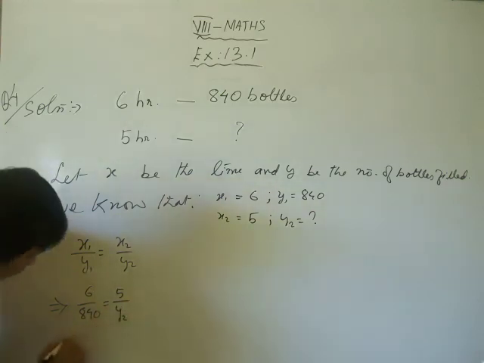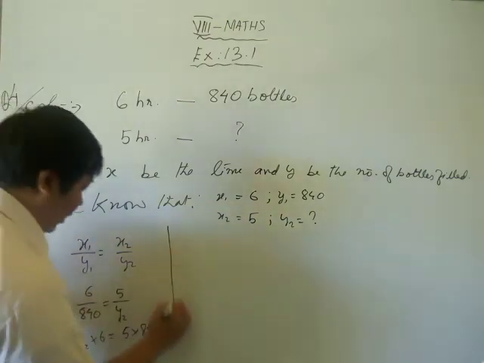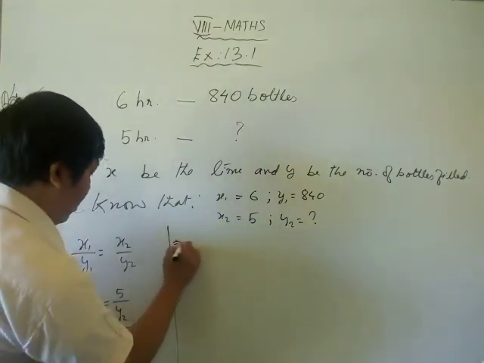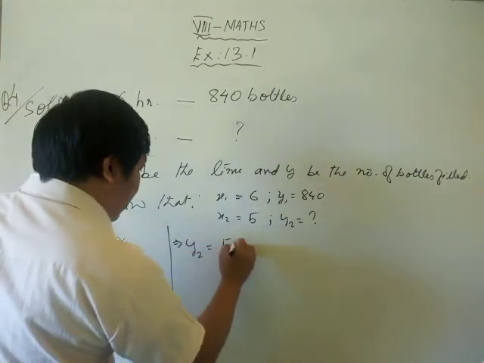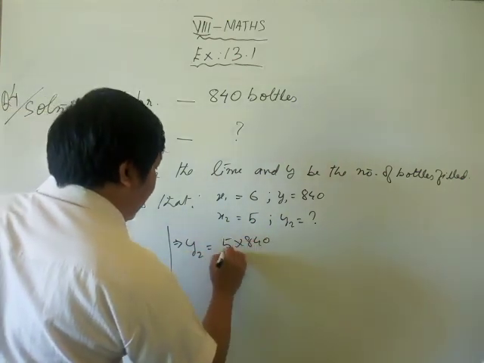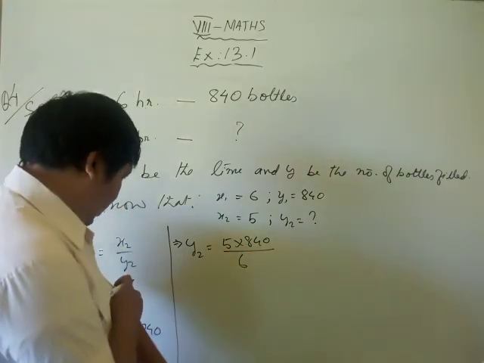So therefore y2 into 6 equals 5 into 840, isn't it? Yes. Let us write here once again. This implies that y2 is equal to 5 into 840 divided by 6, we get.